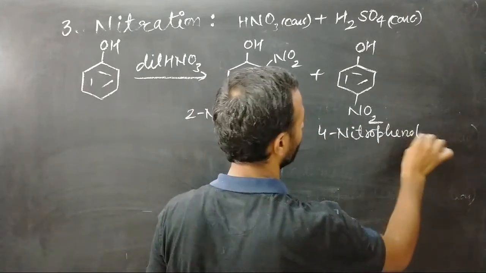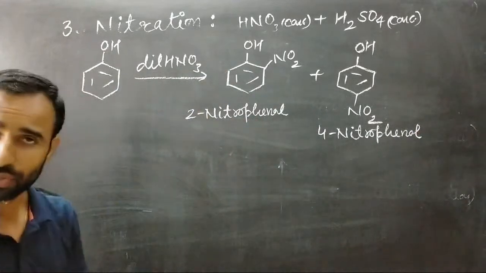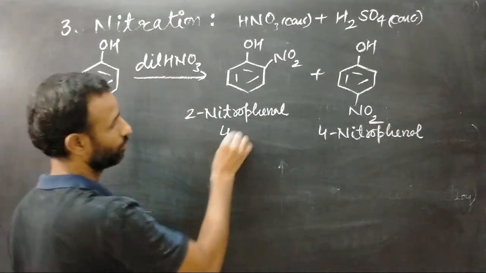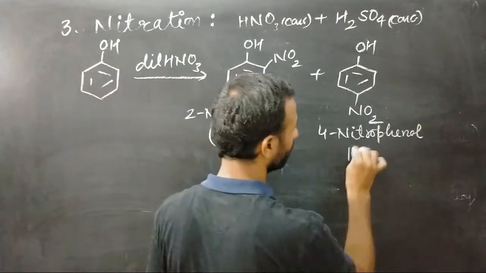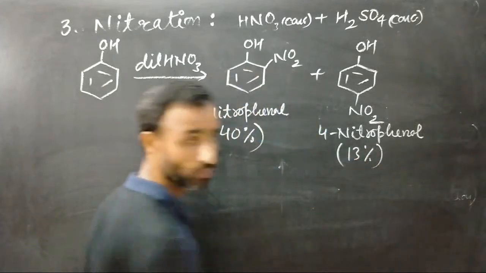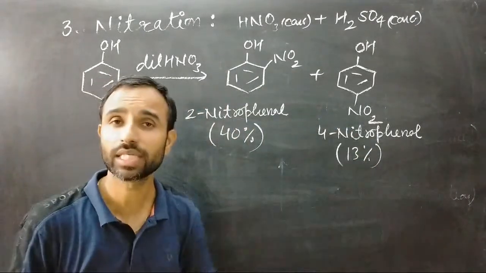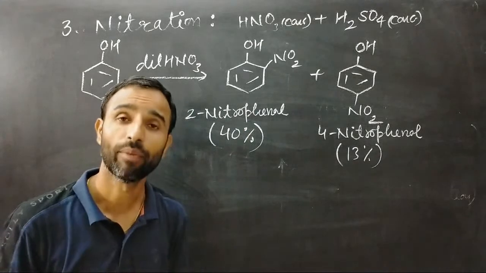Even dilute HNO3 can oxidize phenol, and the products formed are 40% 2-nitrophenol and 13% 4-nitrophenol. But these can be easily separated by steam distillation.